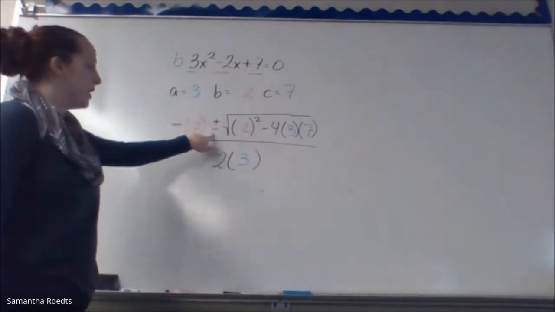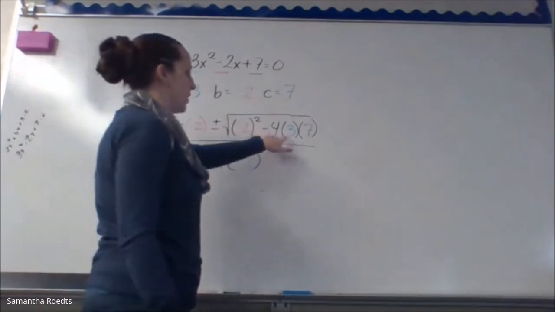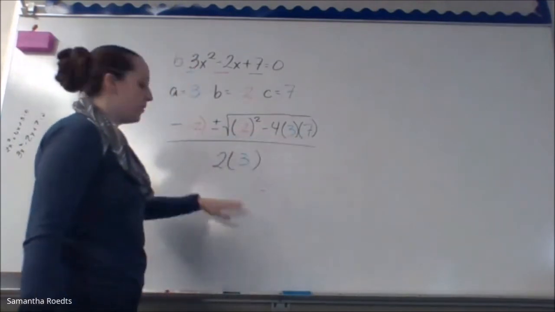Negative b plus or minus the square root, b squared minus 4ac, all over 2a.